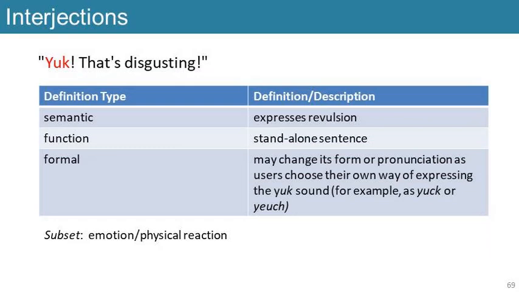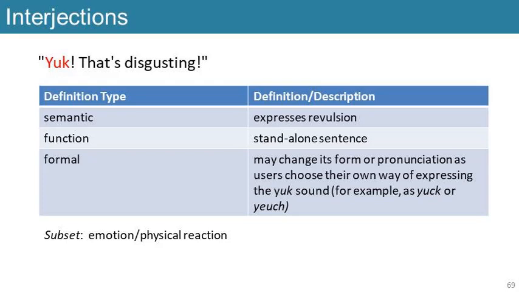The interjection to be analysed is yuck in yuck, that's disgusting. Yuck can be defined semantically as expressing revulsion, for example, at something just tasted. It is difficult to give it a sensible functional definition as it stands alone.